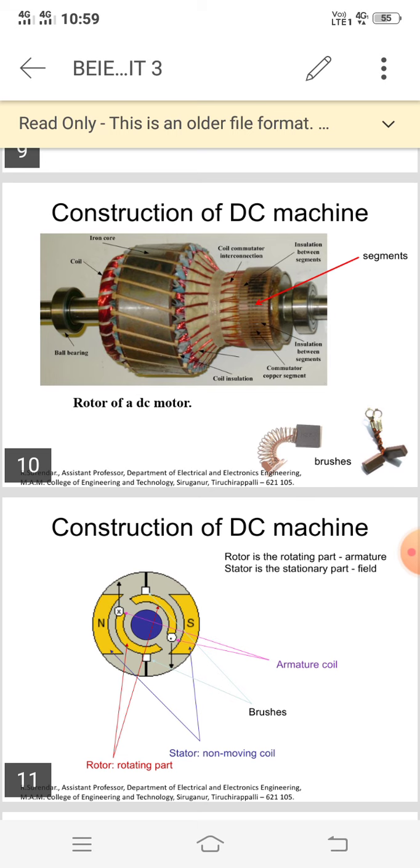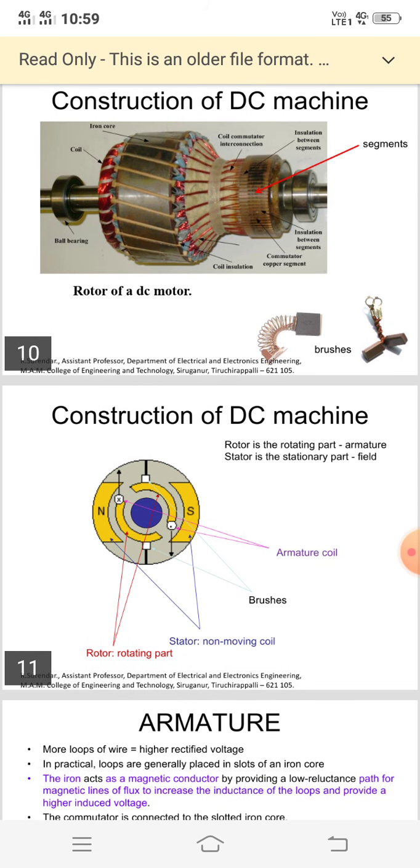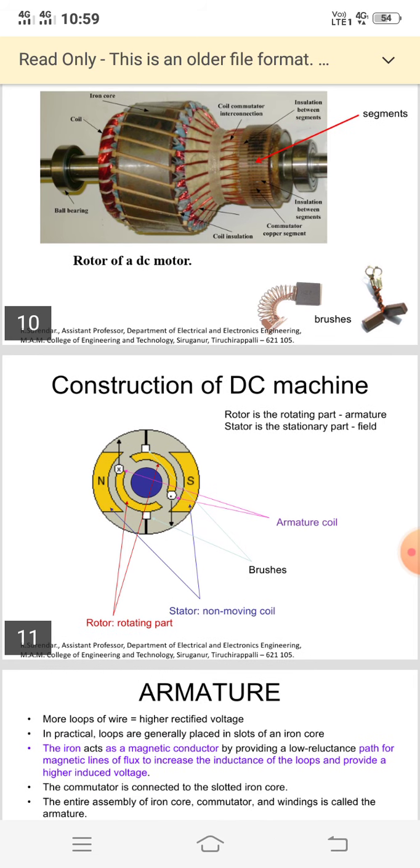An outline having magnets, north pole and south pole. The stator is the non-moving coil. Inside this stator non-moving coil, armature coils are wound; the armature coil is called the rotor.